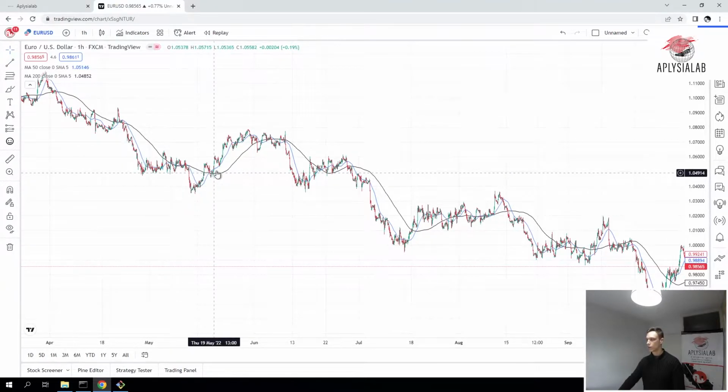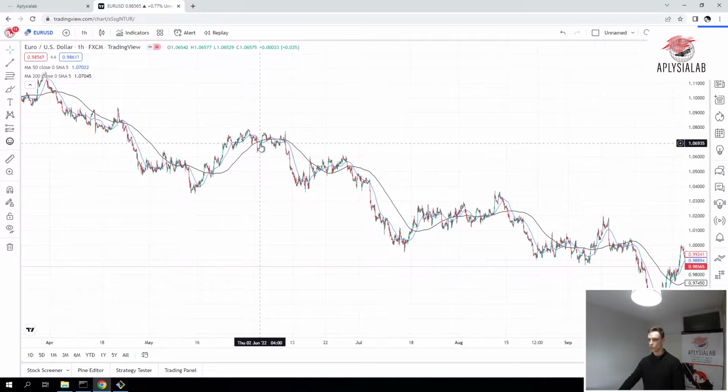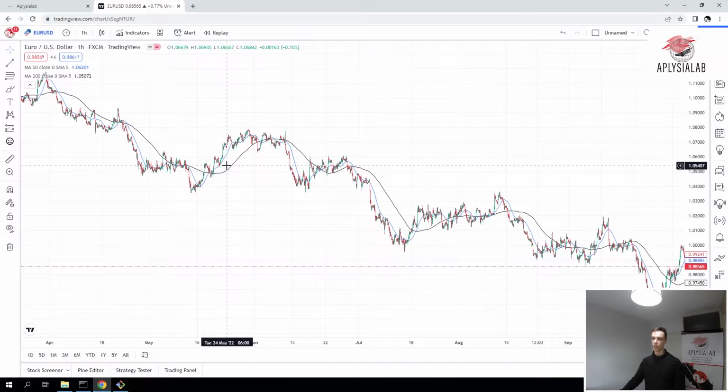So here the fast one has crossed above the slow moving average. You would buy here and you would close your sell over here, and wouldn't that be a nice ideal trade? You would have caught this sliver of profit here in the market and took it home.